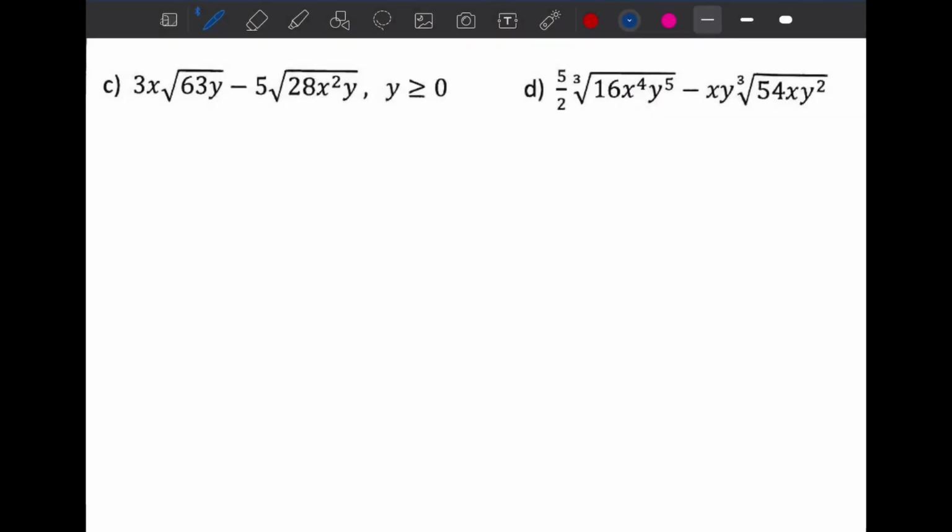Now let's take a look at part C. We have the radical portion here, and let's try simplifying further. We write the first coefficient first, and then find the perfect square factor of 63. We know 9 times 7 is 63, and 9 is a perfect square.